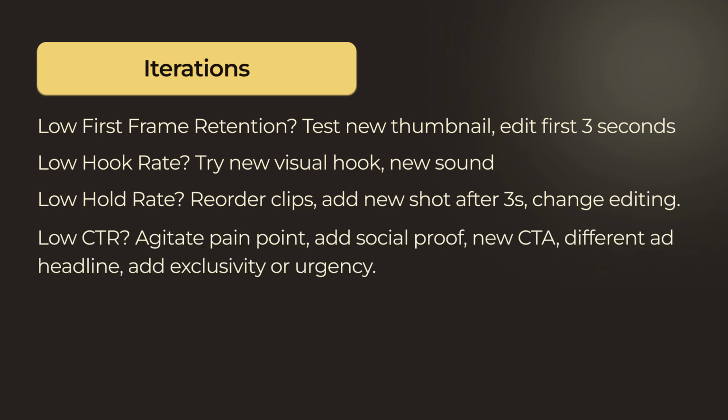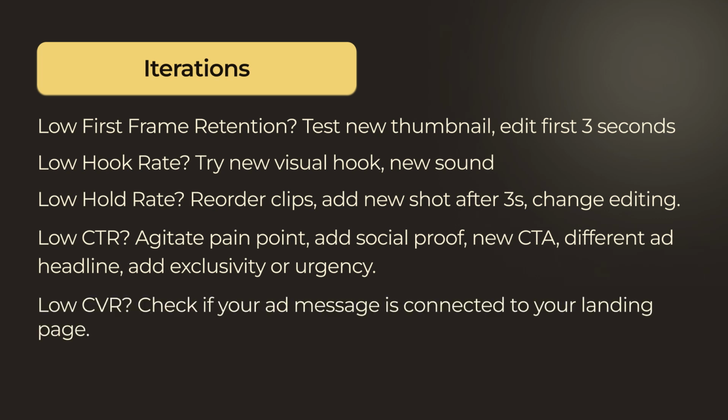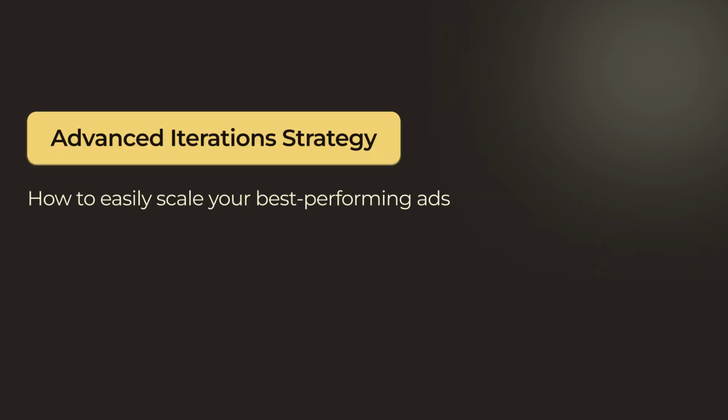If you have low click-through rate, agitate the pain point, add social proof, new call to action, try different headline, add exclusivity or urgency. If you have low conversion rate, check if your ad is connected to your landing page. Work on your messaging.